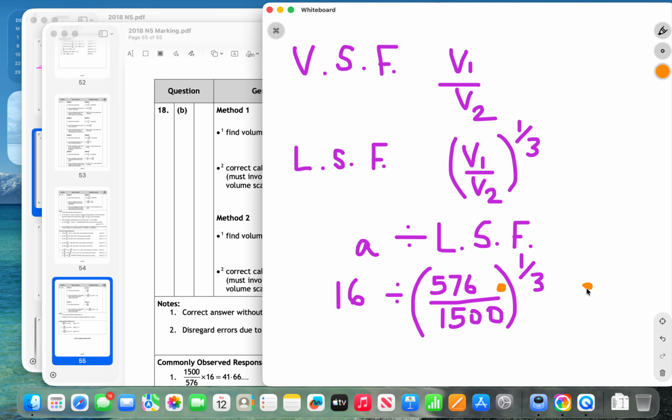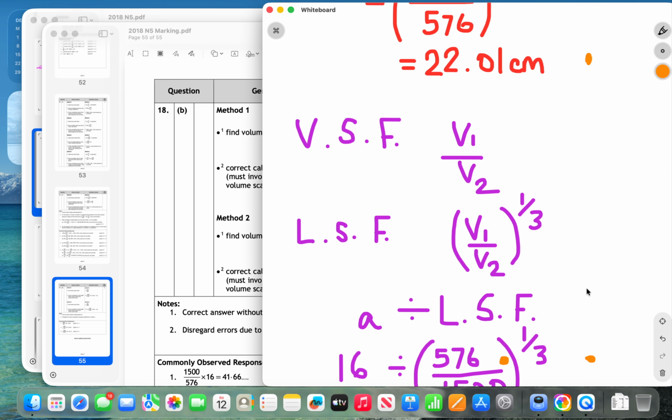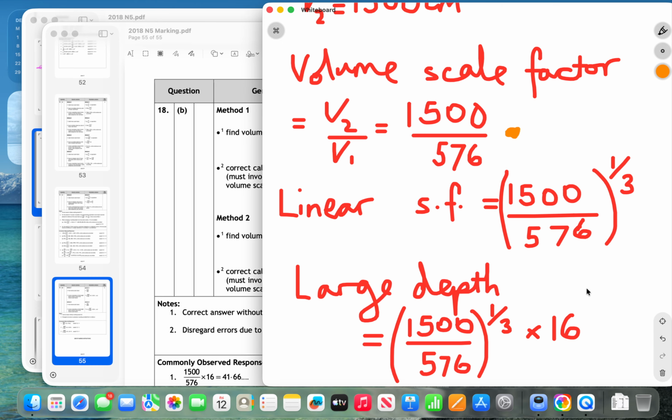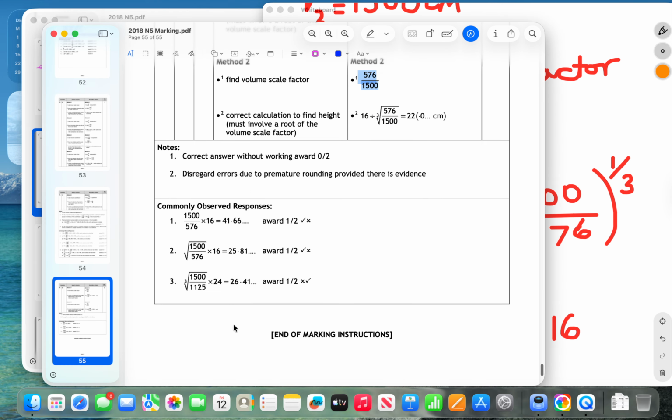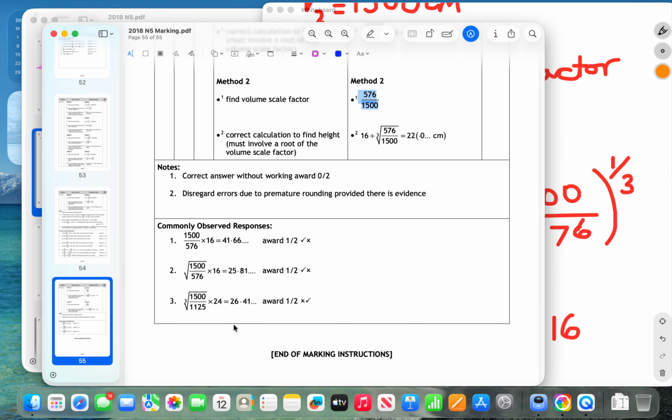But this one in purple is very confusing, so I would stick with the red one. And you had to show the working in this question to get the marks, because what they're assessing is your ability to convert between volume and linear scale factors. So you have to show all of the steps in that one.